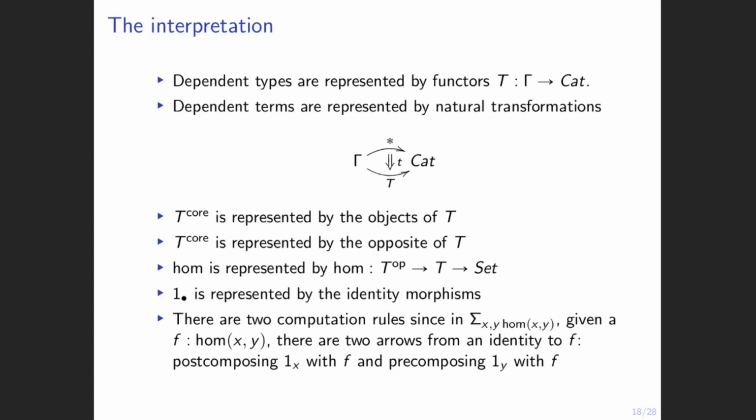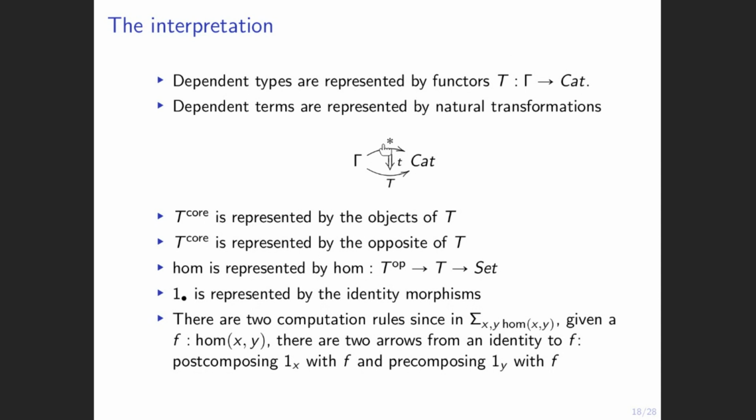Okay, so we have an interpretation into Cat, the category of categories, in the way that you would expect. Just to spell it out, we represent a type in context gamma as a functor from gamma into the category of categories.